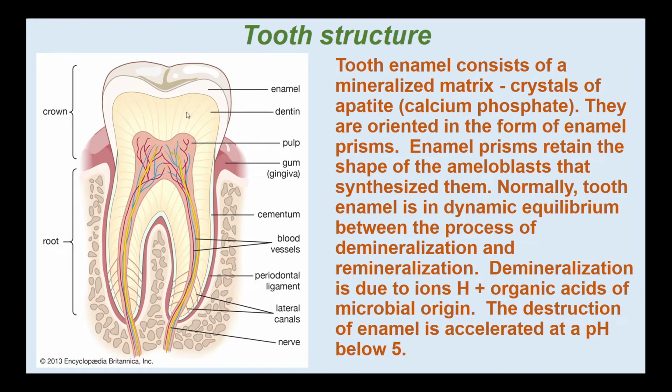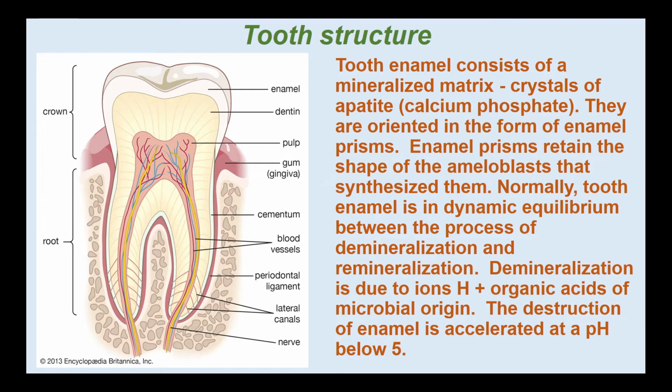They are oriented, forming enamel prisms, as in the structure of dentine. The enamel prism retains the shape of the ameloblasts that synthesize it. Normally, tooth enamel is in a dynamic equilibrium between the processes of demineralization and remineralization.